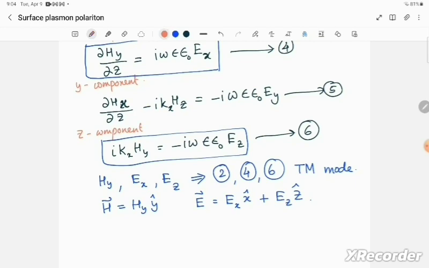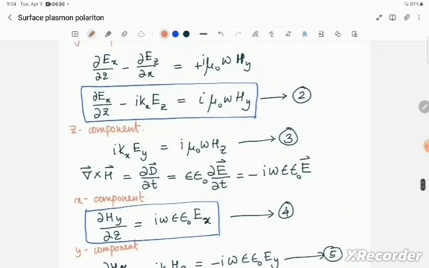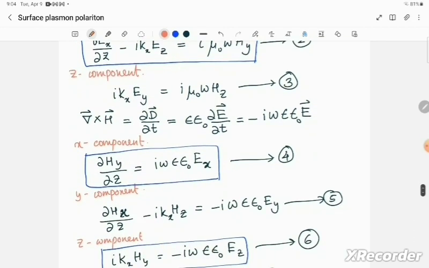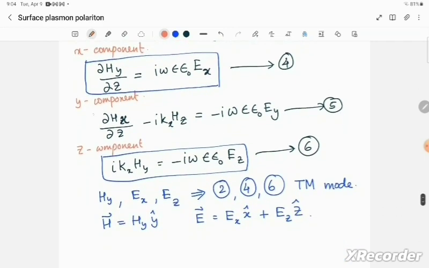Of course, the other mode will be formed by the other three remaining equations. So I can just put another box. So we have equation number 1, 3, and 5.